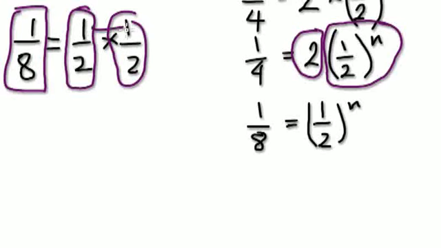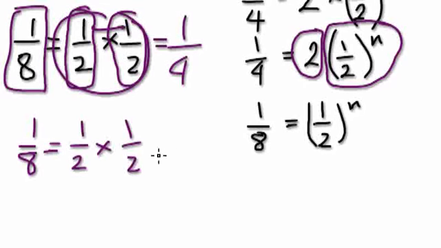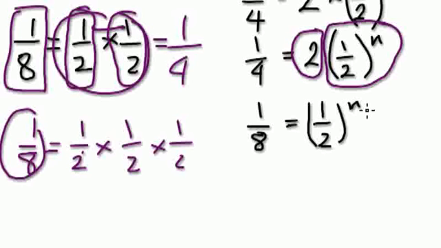No, it wouldn't, because this bit here would be 1 over 4. So n cannot be that. Let's try 3. When n is 3, it would be a half times a half times a half. That does indeed give you 1 over 8. So n must be 3.